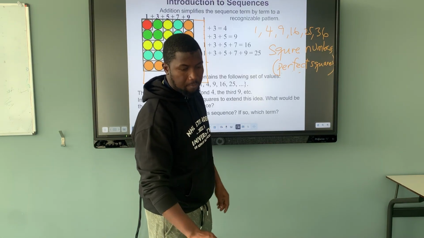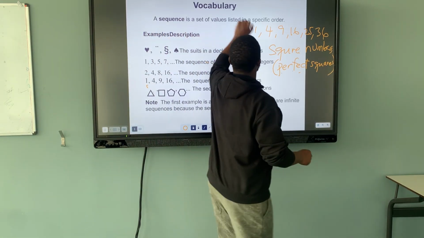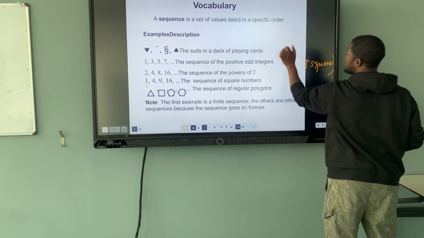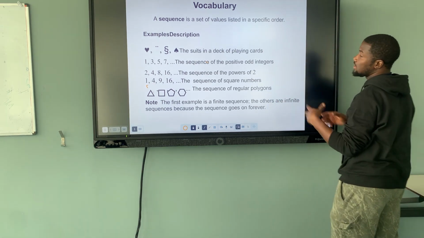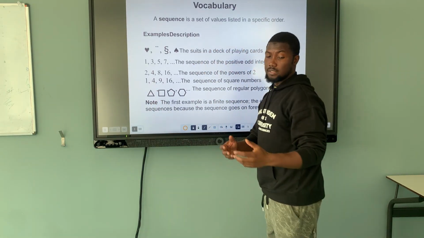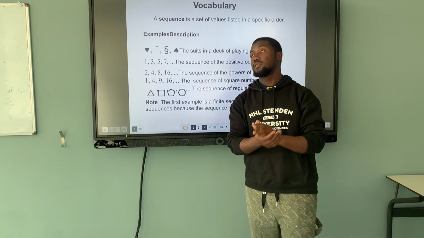So let's look at some vocabulary. Now, like I said, a sequence is a line of numbers that follows a defined rule. It's a list of numbers that follow a defined rule. So for a sequence to exist, these objects or these numbers must have a rule that is connecting them.